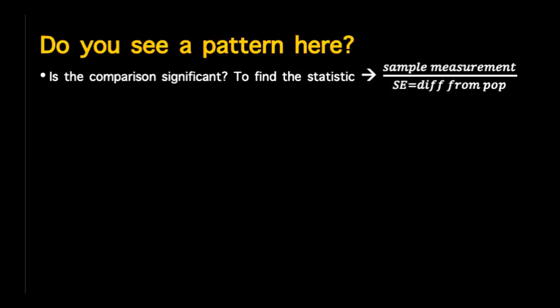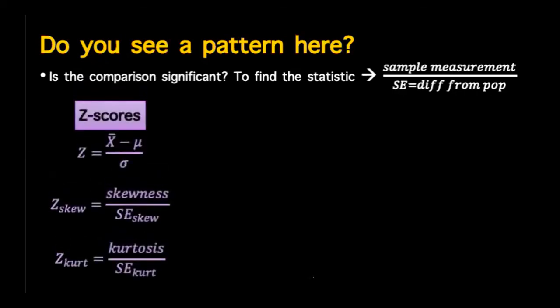And then this is telling us how different our sample is from the population, right? So when we looked at z-scores and we wanted to see how far a sample mean was from a population mean, we looked at distribution shape and divided by standard error to see how our sample skewness or sample kurtosis would compare to a normally distributed population.